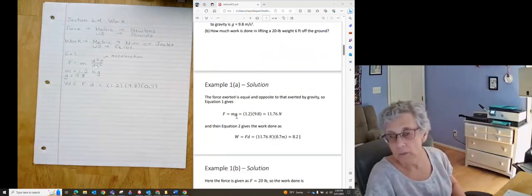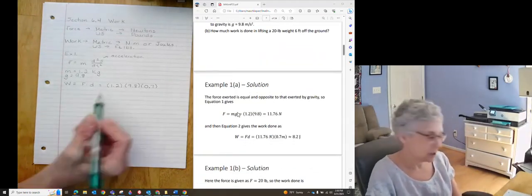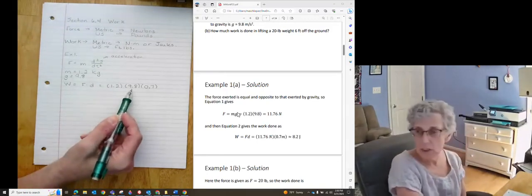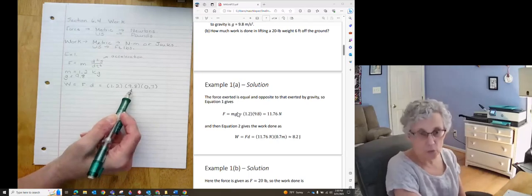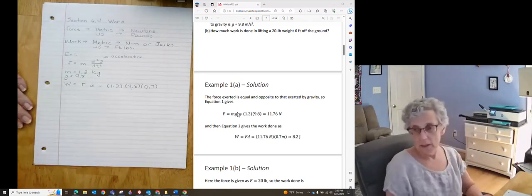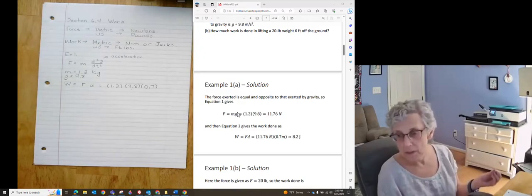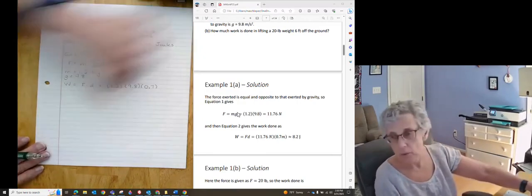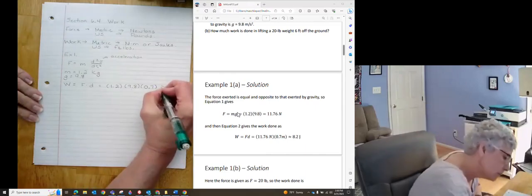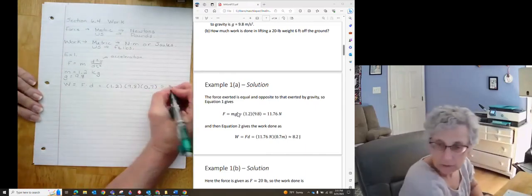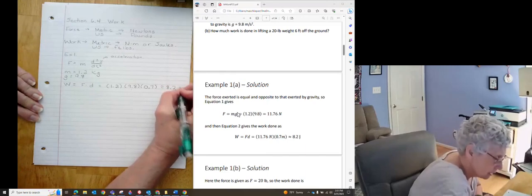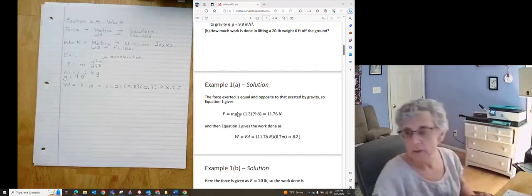Here we have m times g, so 1.2 times 9.8, that's the force, is 11.7 newtons, and then we multiply by the 0.7 meters, which gives us about 8.2 joules.